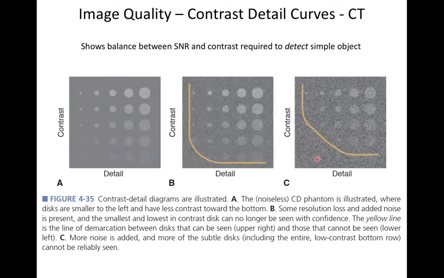You would have a contrast detail curve for one reconstruction technique and then another reconstruction technique and see how much it moved. But if you de novo ask someone, what is the spatial resolution of your CT scanner? They don't usually pull out a contrast detail curve, right? Because it's a little too awkward, right?